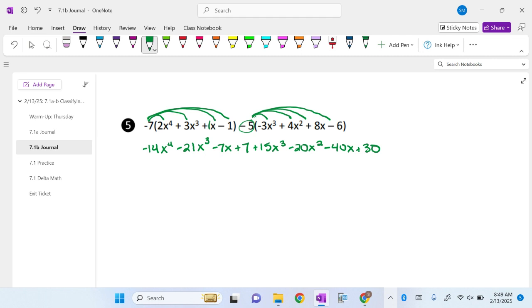So, what's one set of like terms? Someone just name me one set of like terms. Remember, same variable, same exponent. Right, my x cubed. So, negative 21x cubed and 15x cubed. What's another set?